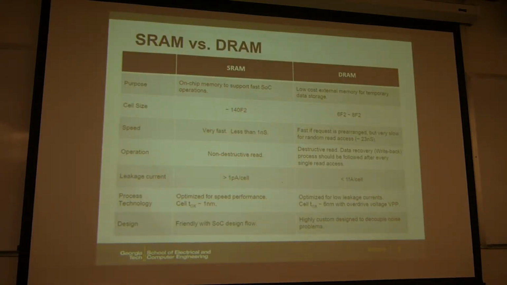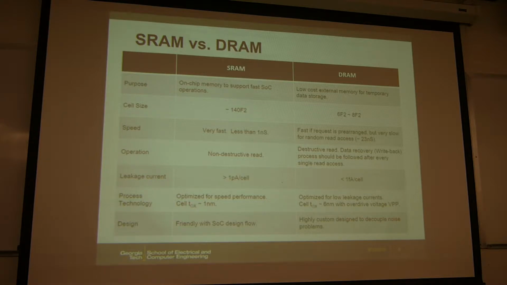If you compare the SRAM versus DRAM, here we can have some different metrics to compare. First one, the different applications. SRAM, as we know, we use for the cache, and DRAM we have more capacity, and we will use it as a main memory for the system. The cell size, we talk about the normalized cell area in terms of F square. The SRAM, you know, is like 150 F square.